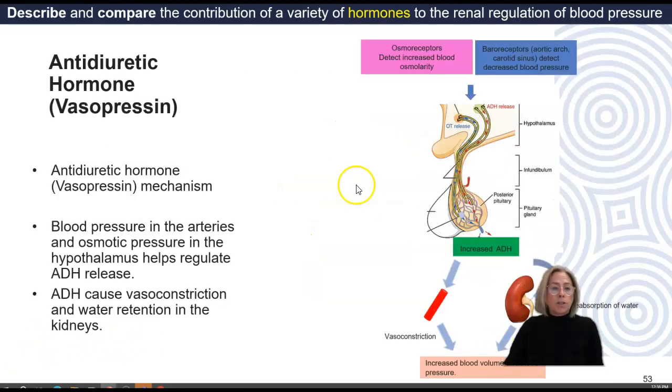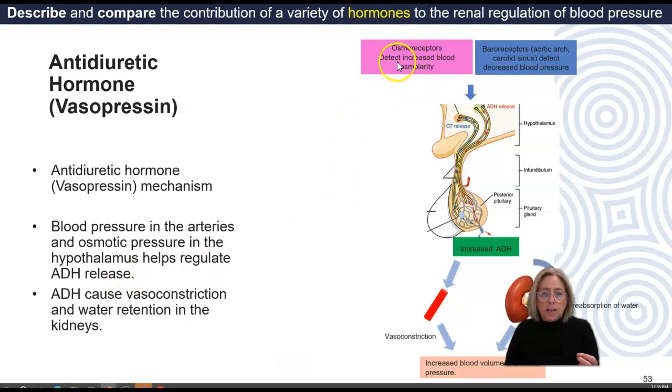The next one then, of course, is antidiuretic hormone, also known as vasopressin, because of its effect on blood vessels. Now I have spoken about this at length in the endocrine topic, so I'm not going to go into it in too much detail. Remember, it's blood pressure in the arteries and osmotic pressure in the hypothalamus that help to regulate antidiuretic hormone release.